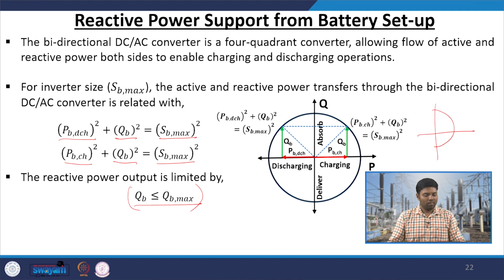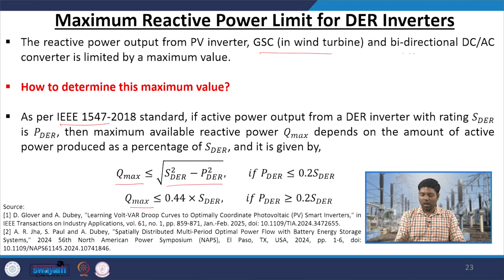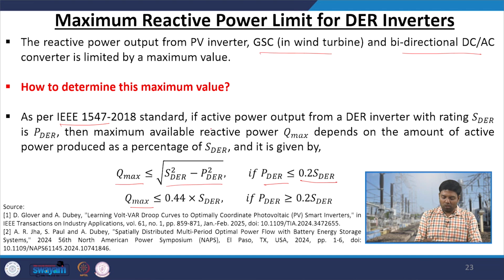Now, how is this maximum reactive power limit decided? The IEEE 1547-2018 standard is designed to limit this Q max value. That means you cannot set this value arbitrarily. It says that for any PV inverter, grid side converter for wind turbines, or bidirectional DC-AC converter, if the active power supply from that inverter is less than 20% of the inverter rating, then your Q max will be root over of S square minus P square.